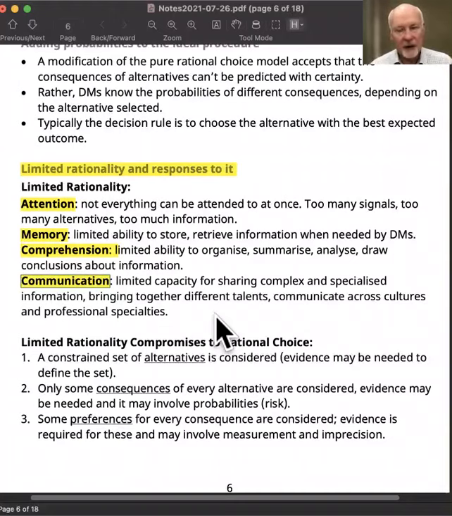So the example I gave in class on Monday was one that occurs again and again in the literature and case studies about new product development and new service development. And this is where the technical experts on the product or the service come from a very different discipline to the marketing experts and the strategy experts whose job it is to figure out how to sell something. So what happens is you end up with miscommunication.